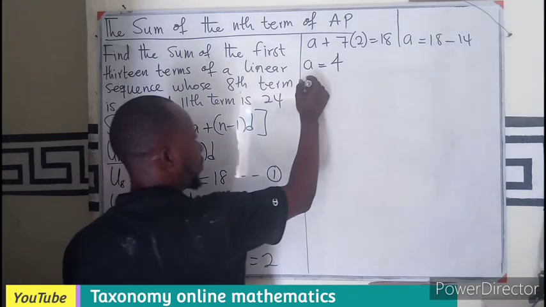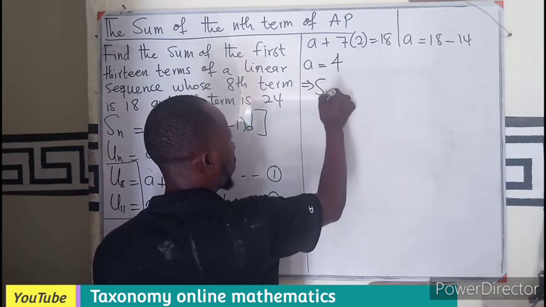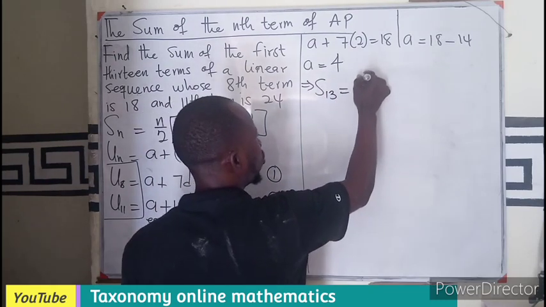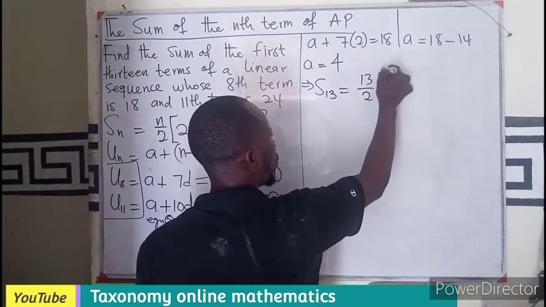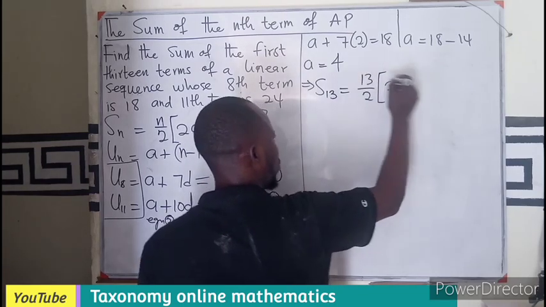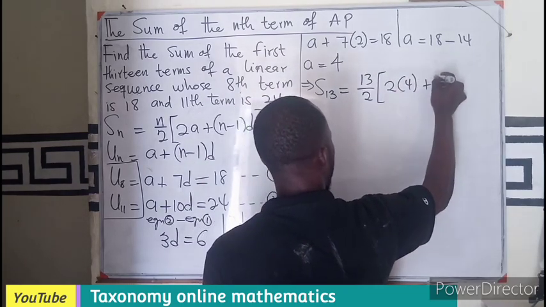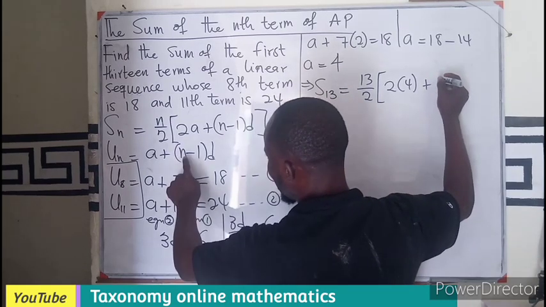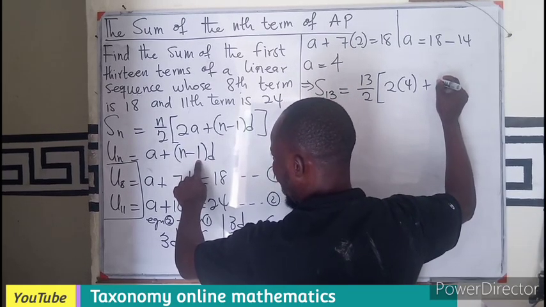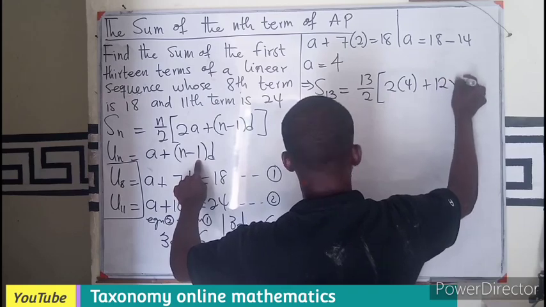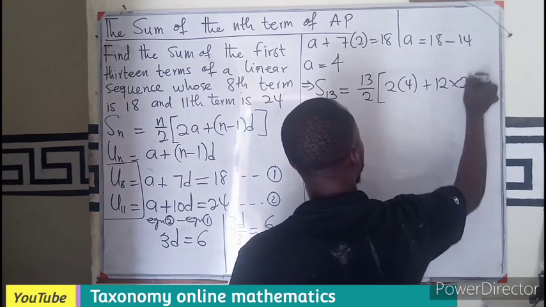So I can easily find the sum of the 13th term to be 13 over 2, 2a, which is 4, plus (n minus 1), where n is 13 minus 1, and that will give us 12. So 12 times D, which is now 2.